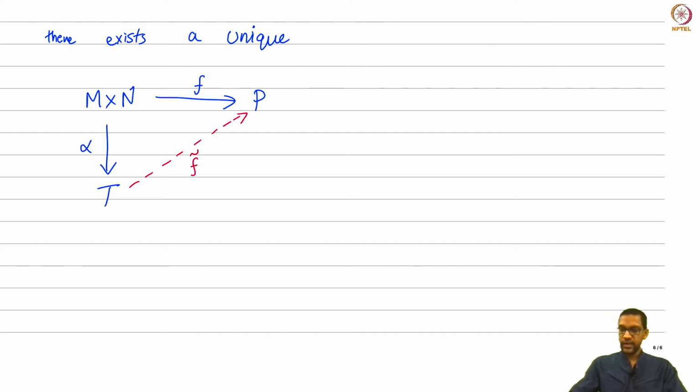There exists a unique, and what kind of map? T and P are both Z modules, or abelian groups. So there exists a unique Z linear homomorphism, a homomorphism of Z modules, F tilde from T to P, such that this diagram commutes.